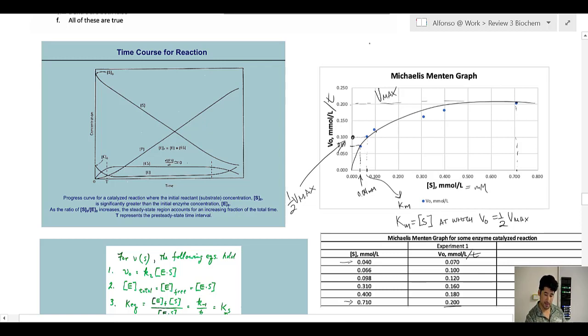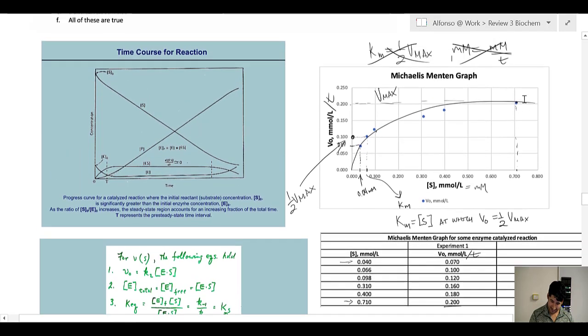So if you ever hear somebody say Km is equal to 1/2 of the Vmax, just shake your head in disappointment. That is not true. This is equivalent to saying that a concentration is equal to a rate. Any mathematician would look at that little equation that I just made and puke, okay?